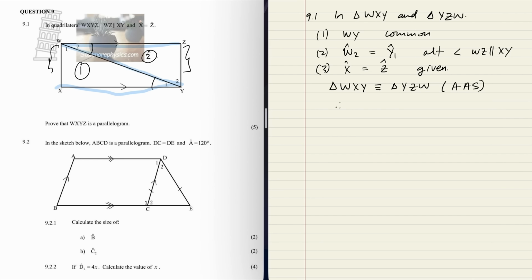So therefore, XW is going to equal ZY, and WZ is going to equal XY. And so therefore, that shape is going to be a parallelogram. So we can say WXYZ is a parallelogram, and the reason is one pair of opposite sides are equal and parallel.